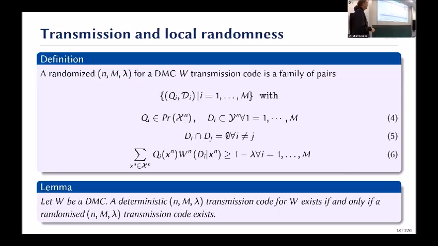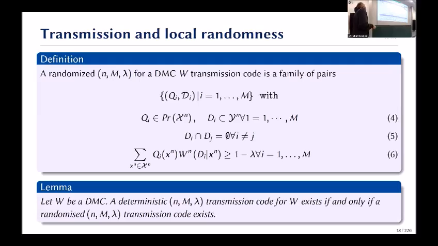That means if Bob wants to send message i, instead of having an exact map to a specific code word, he uses a probability distribution and then randomly selects one of the code words. So Q_i should be a probability distribution on X^n, not only on the code words, but on all possible sequences we choose this probability distribution.